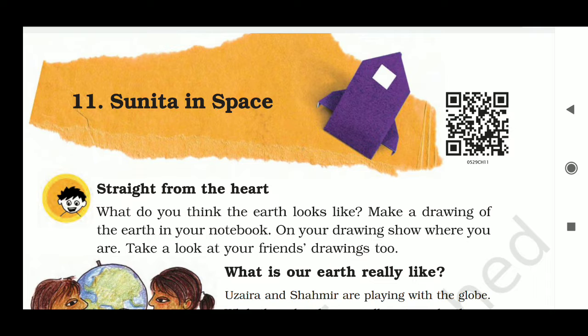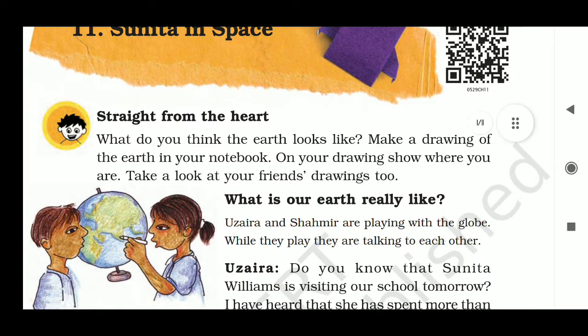Straight from the heart. What do you think the earth looks like? Different students may have different answers. Actually, the earth looks like a sphere in shape. Make a drawing of the earth in your notebook. On your drawing, show where you are.